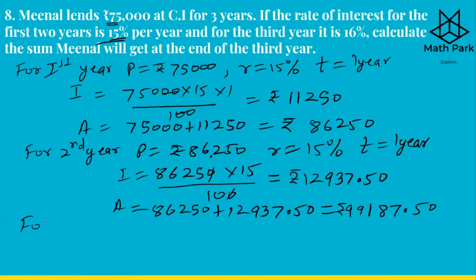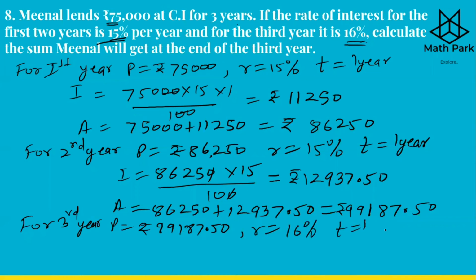So now for third year, you have principal is equal to rupees 99,187 rupees and 50 paisa. The rate of interest is now 16%. The time is again 1 year.